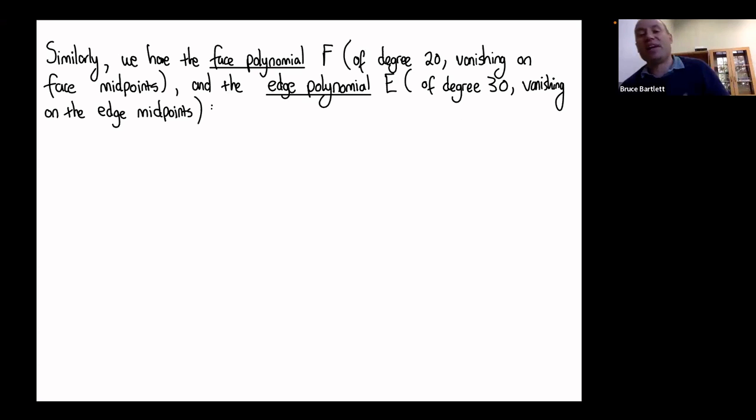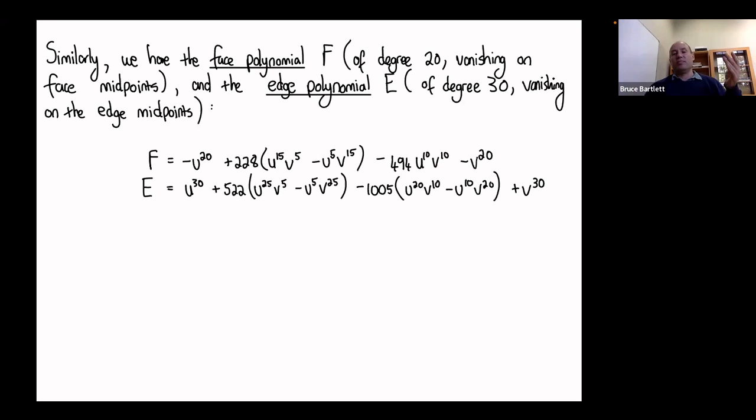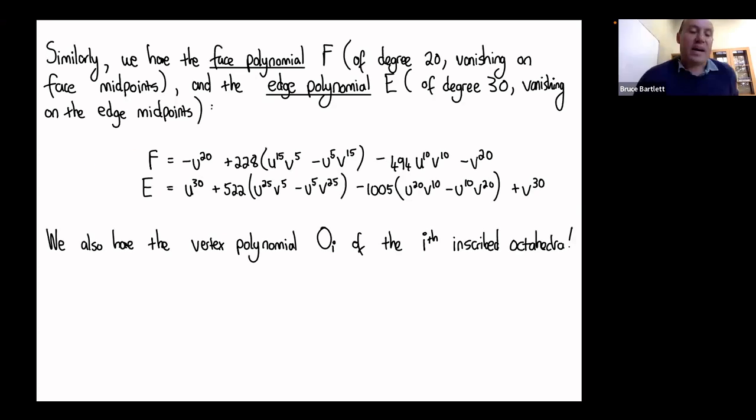And similarly, we have the face polynomial of degree 20 vanishing on the face midpoints, and the edge polynomial of degree 30 vanishing on the edge midpoints. Go through the whole procedure, multiply them all out, and you'll get these expressions here once you simplify. And finally, we also have the vertex polynomial of the inscribed octahedron. There's 5 inscribed octahedra.